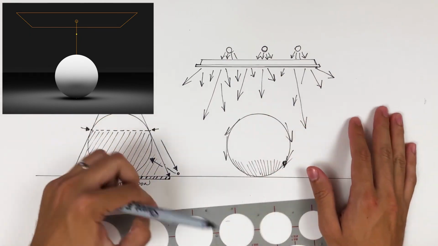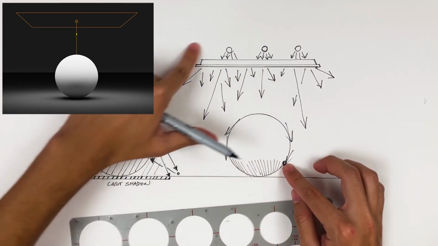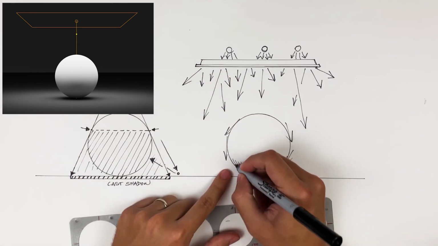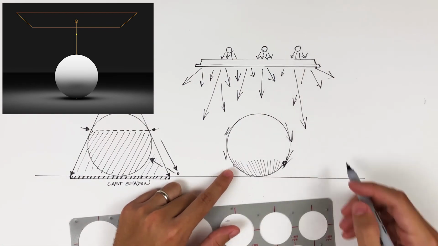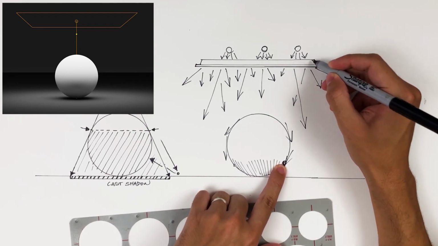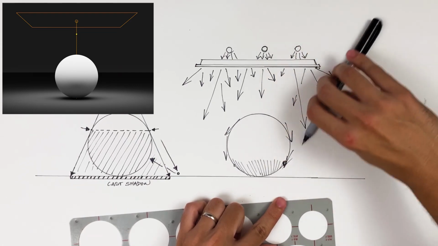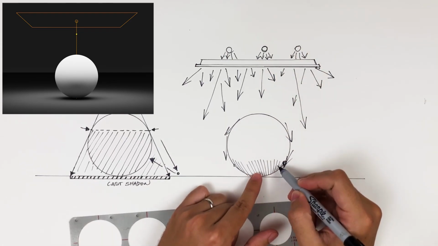No. There's no way, right? So this part gets no effect from this whole part of the softbox. Same with this part. It doesn't get anything from the right side. But this little lip, this part over here of the softbox might cast some photons that can hit it. So it's not completely dark, right?